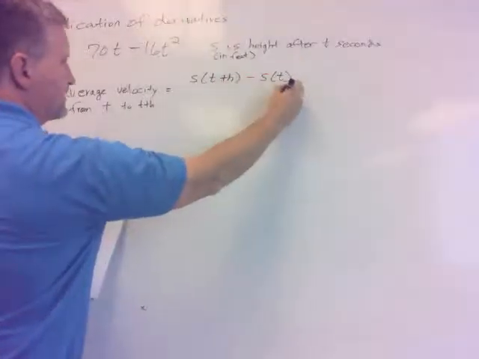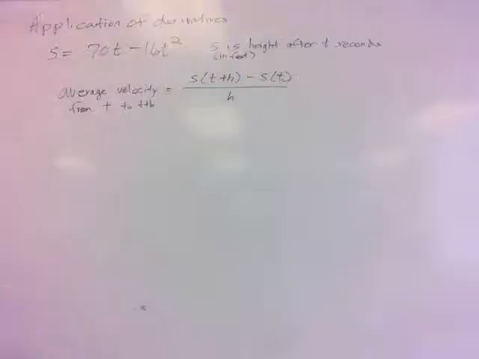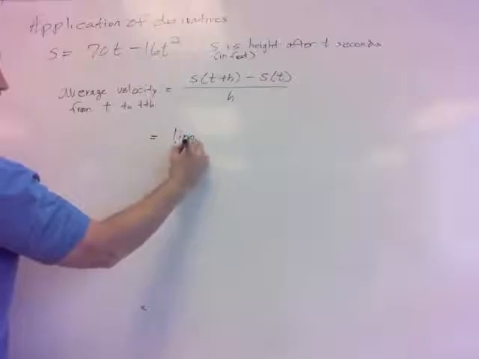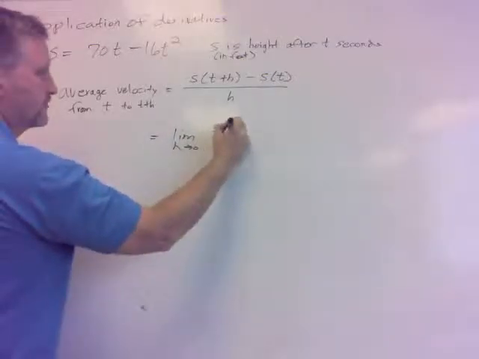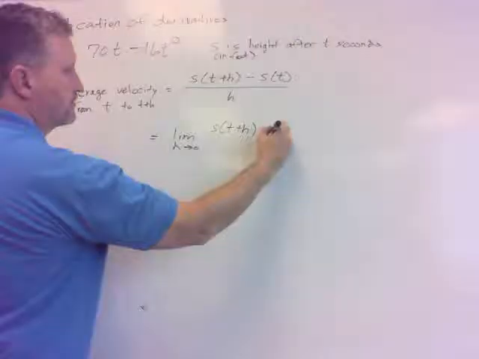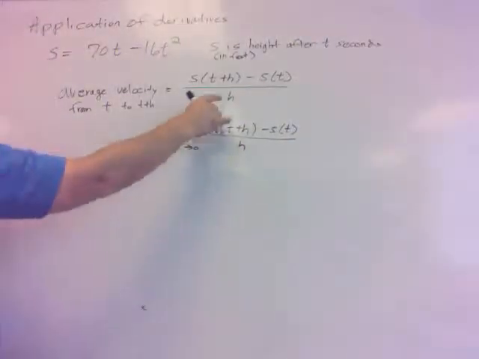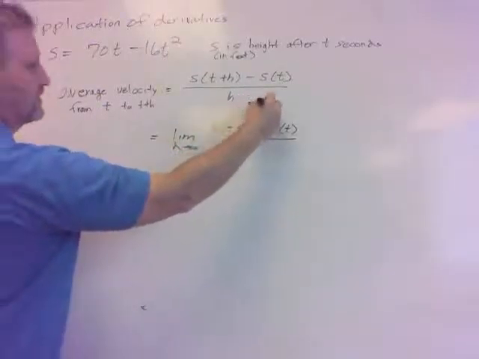Well, it's the difference of the distances over the difference of the times, which winds up being h. Then I let the h shrink to 0, h go to 0 of this. It's just distance again divided by time. This is t plus h minus t. That's why that's h.